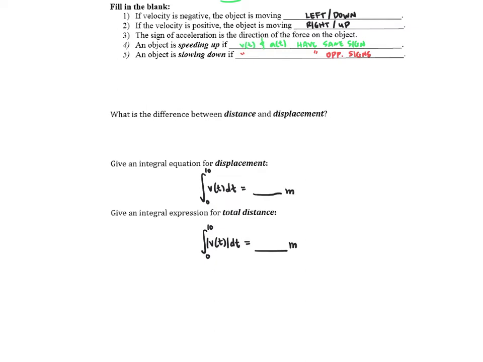Now, what's the difference between displacement and total distance? Well, total distance traveled is exactly that, total distance, whereas displacement is considered the distance from original position.